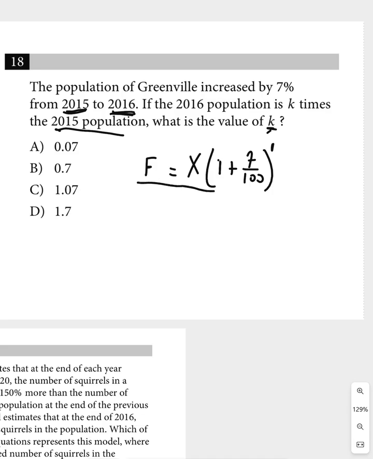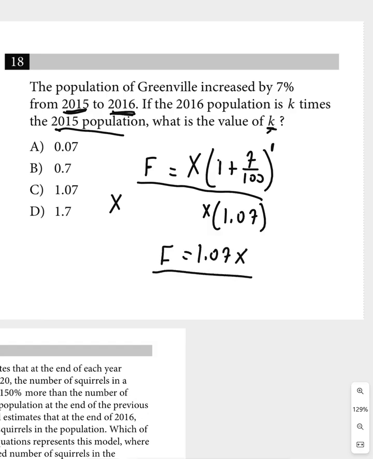So if we start with X, the final value is going to be X times 1.07. So 1.07X is the final value. If we start with X and we end with 1.07X, we're comparing these two because this is what you'll have in 2016 and this is what you'll have when you're starting in 2015.